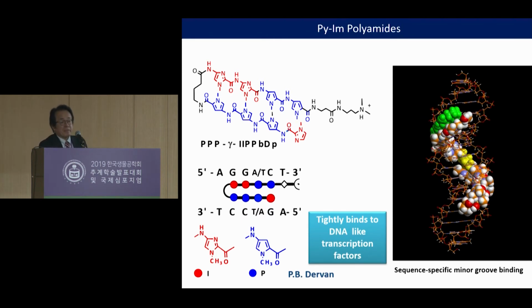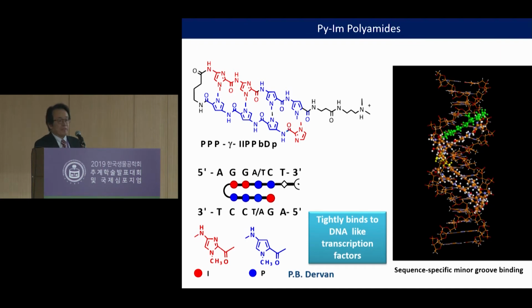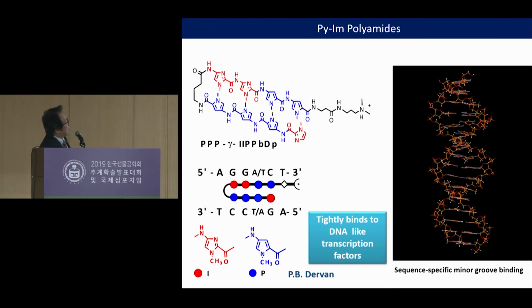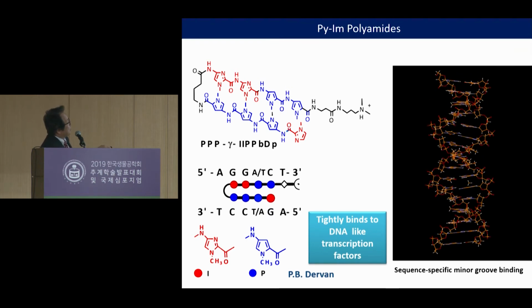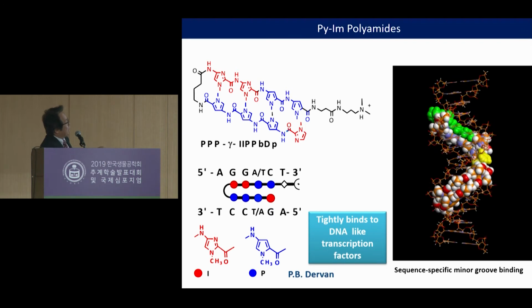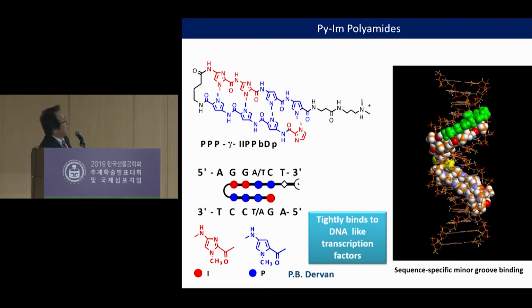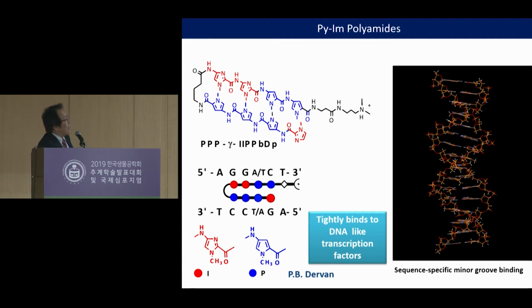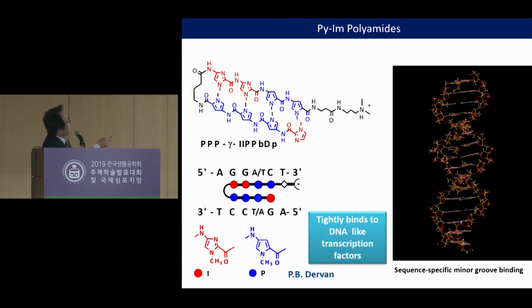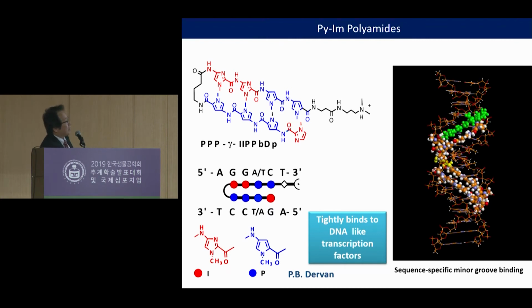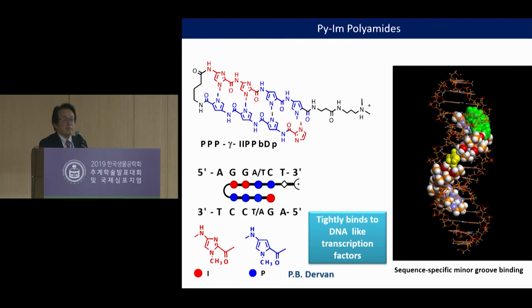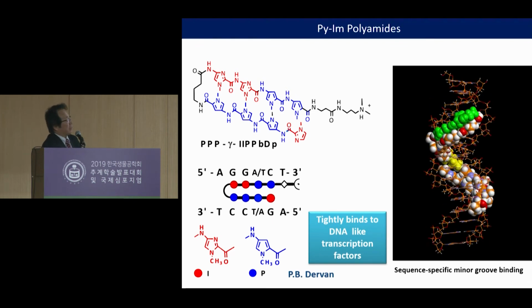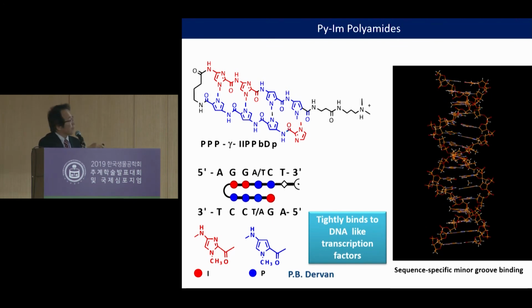The sequence specificity is based on a very simple recognition rule: a pair of imidazole-pyrrole recognizes a GC base pair, and the pyrrole-pyrrole pair recognizes AT or TA. Pyrrole-imidazole pair recognizes CG. So one can easily synthesize a molecule which can bind a specific sequence. Also, the aminobutyric site and beta-alanine part recognize the AT base pair. This small molecule recognizes 6 base pairs.